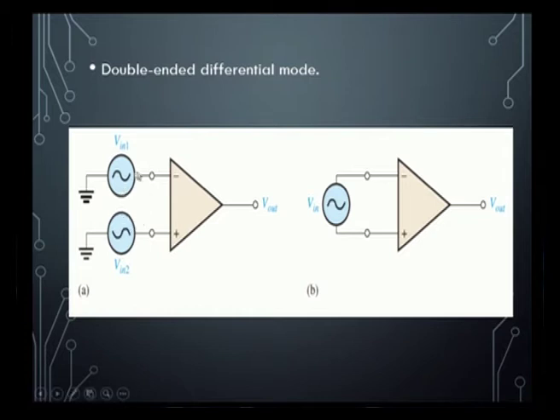Another possibility of double ended is we can give a single supply to both the terminals. For inverting and non-inverting we give only Vin, but here separately we give Vin1 and Vin2 both having opposite polarities. This is the difference between double ended differential mode and single ended differential mode. By using all these types of input modes we can reduce the undesired or unwanted noise signal.